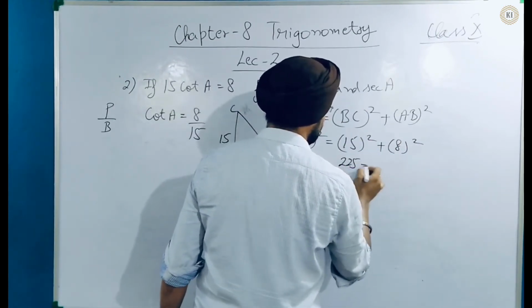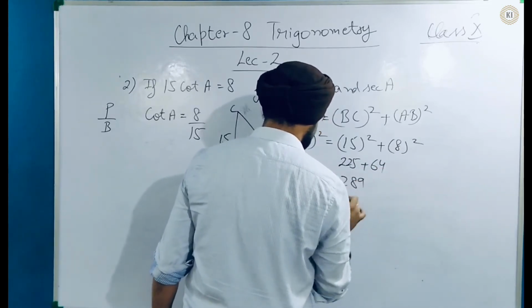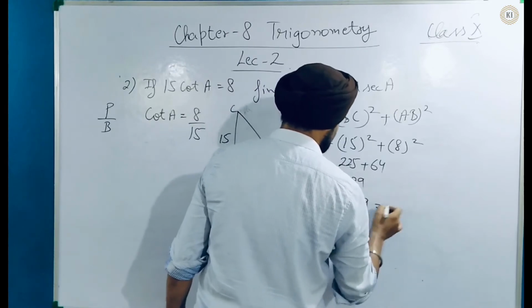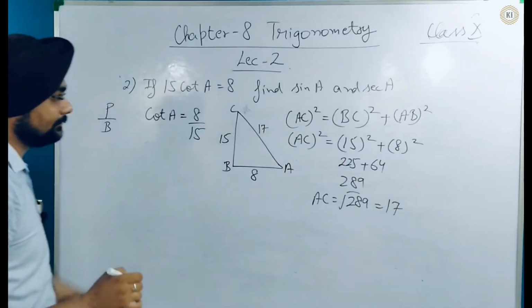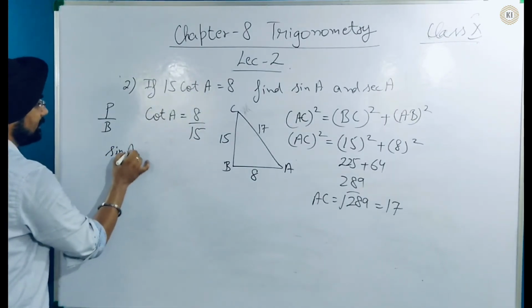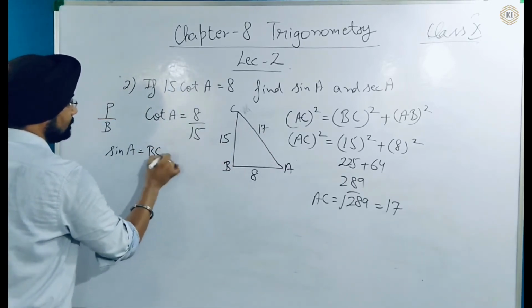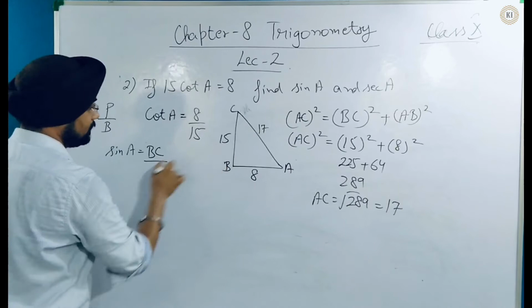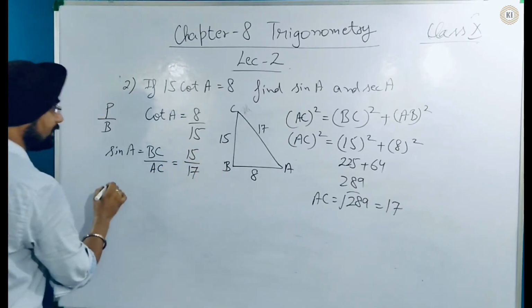So 225 plus 64 is 289, and the value of AC, under root of 289, will be 17. So the value of AC is 17. Now we can easily calculate sin A. Sin A is perpendicular upon hypotenuse, that is BC upon AC, that is 15 upon 17.